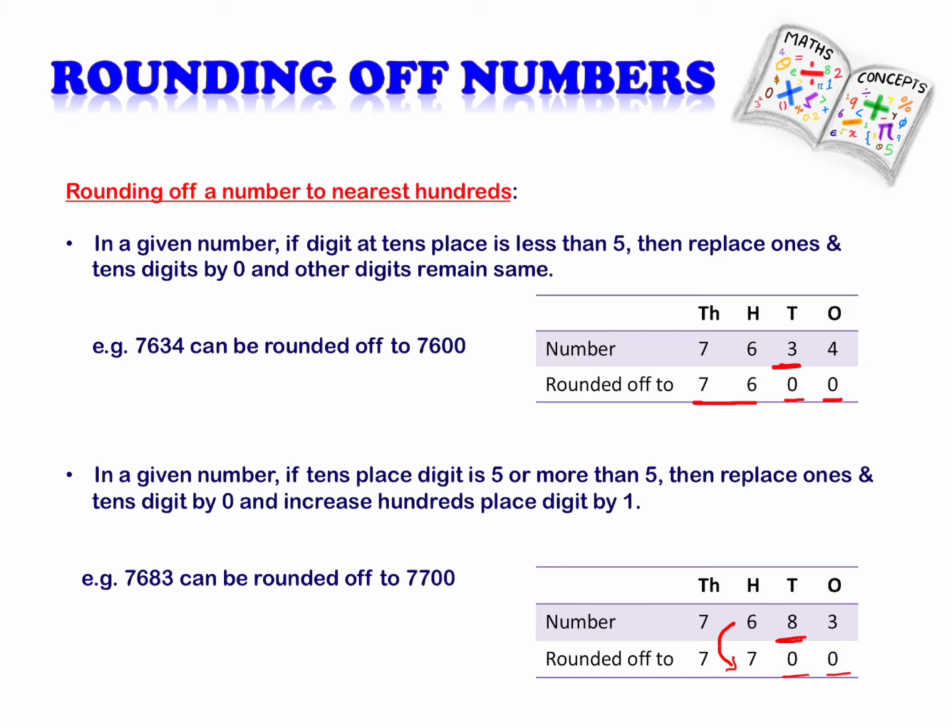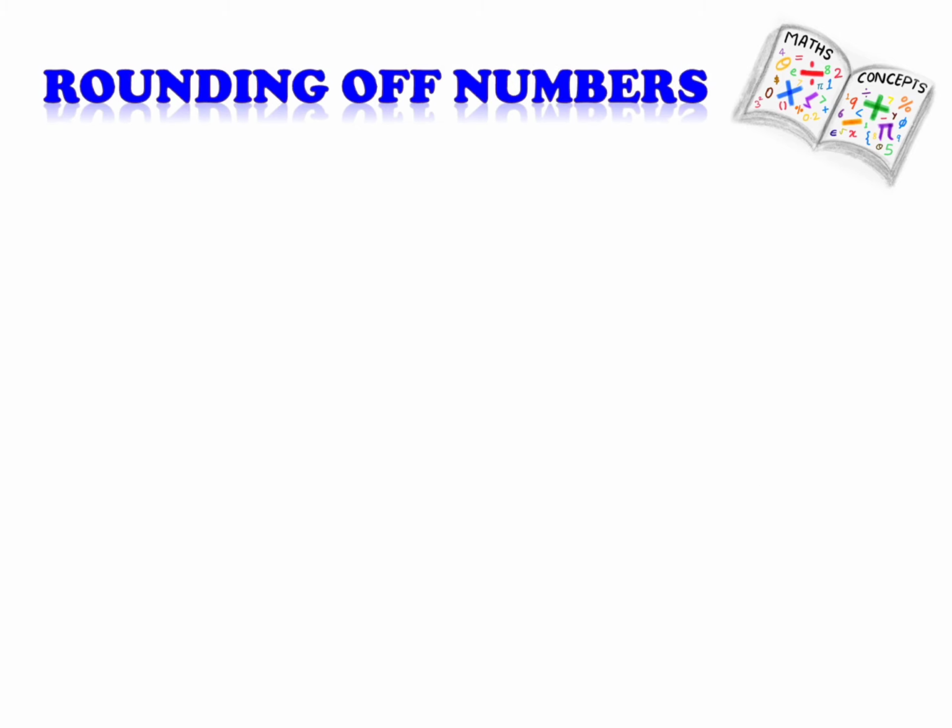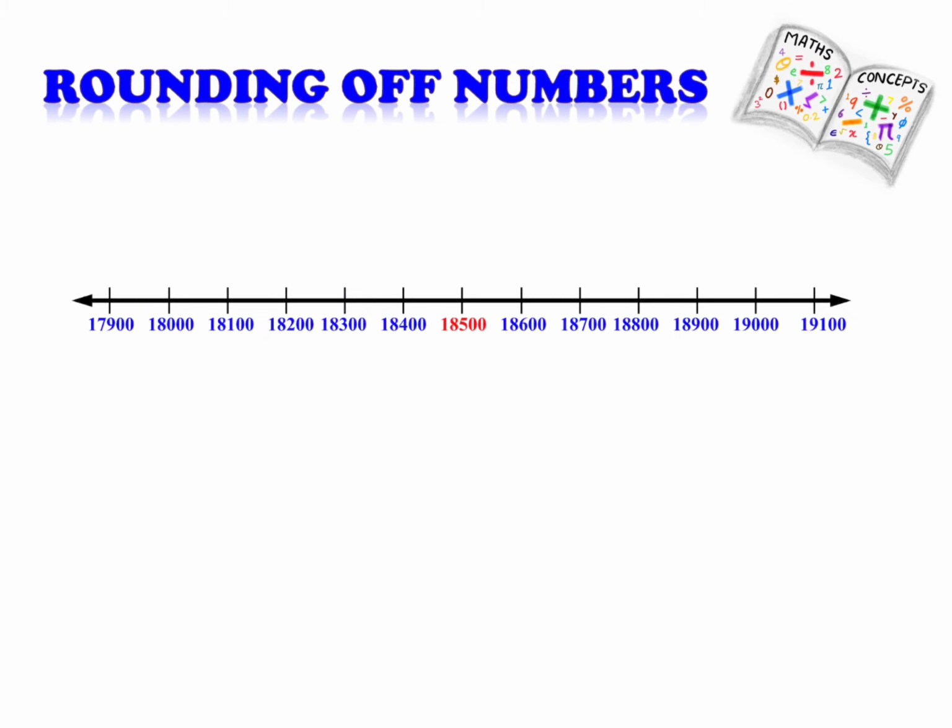Now we will see rounding off to thousands. Again, here I have shown numbers from 17,900 to 19,100, and the difference between two markings here is 100 units. Again here we are going to consider the numbers that are not marked here but which are significant.